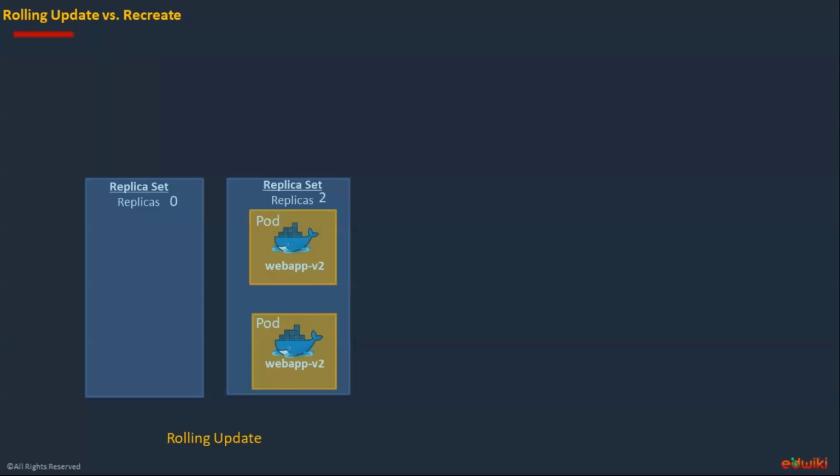Whenever you ask for the rollback to the previous version, the old replica set controller will be updated to 1. The V1 version of the pod will come up. Then the latest replica set controller will be updated from 2 to 1, and one pod will get destroyed.